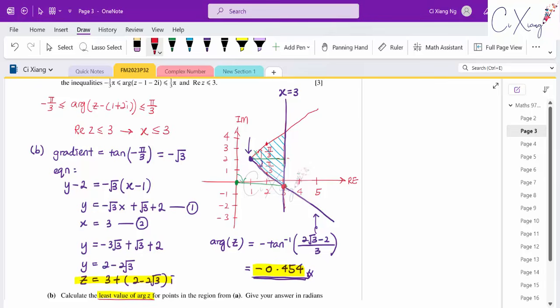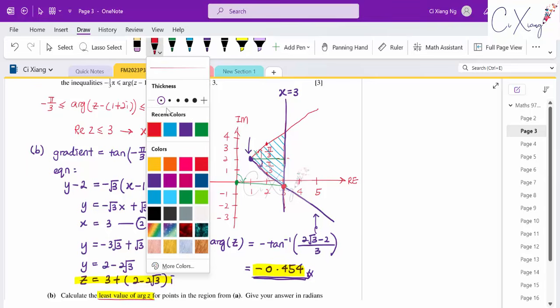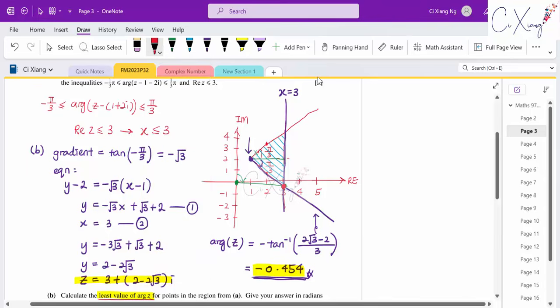Okay, so for this particular point, I already know that the x coordinate is 3, and I want to know the y coordinate for this point. To get the y coordinate, basically you can use the ratio of the triangle also. So I sketch the triangle out, where it should be this one. This is the triangle that we are going to focus on.